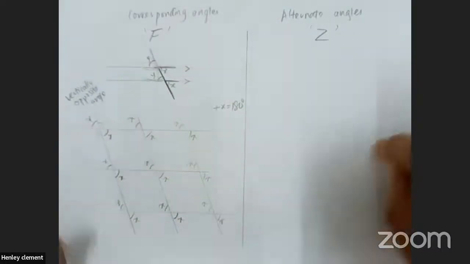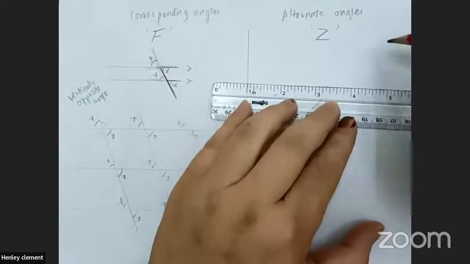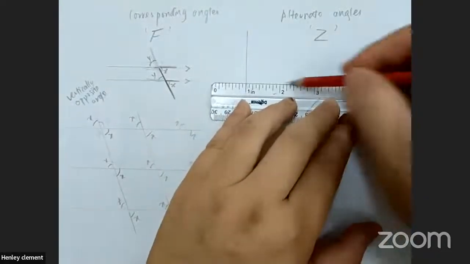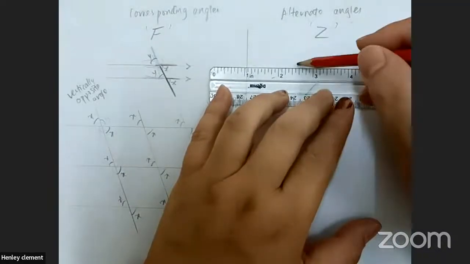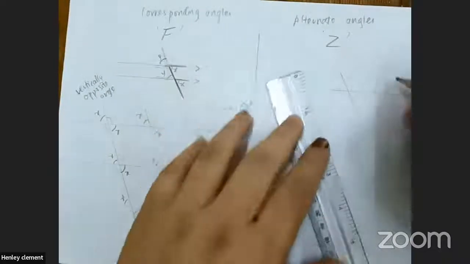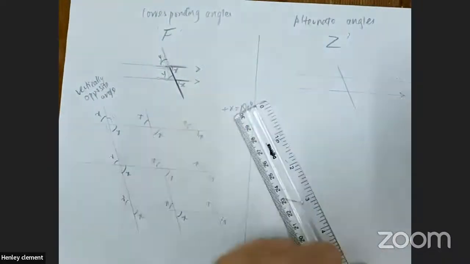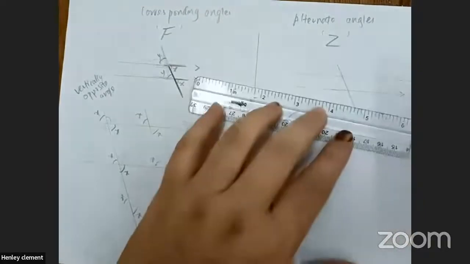Okay, now we have alternate angles also. Alternate angle. Look at this. Now we have a line, but remember this is parallel. Now it's a zigzag one. So can you see?